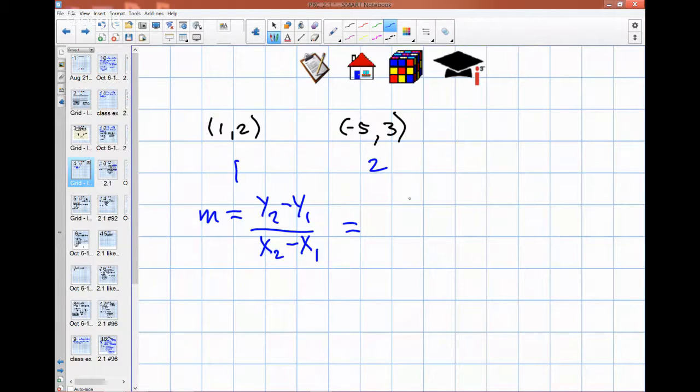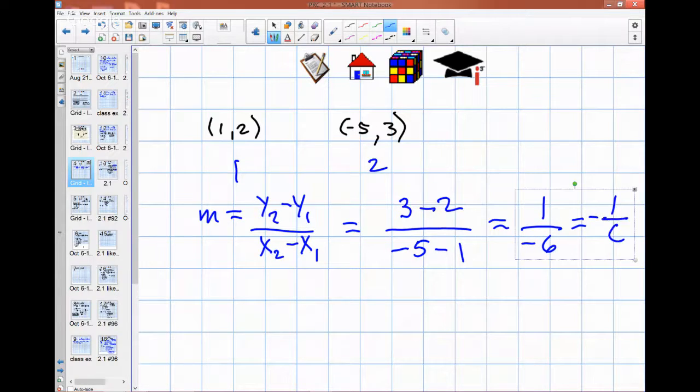So in this case, what is that? 3, minus the y-coordinate from point 1, 2, over the x-coordinate from point 2, negative 5, minus the x-coordinate from point 1. So we get a slope of negative 1/6.